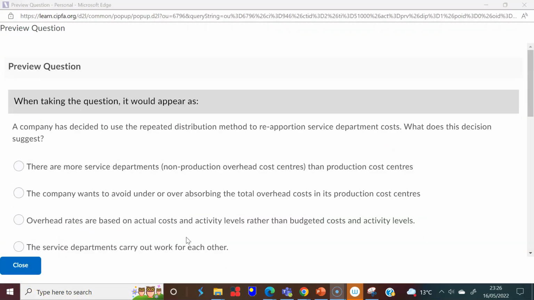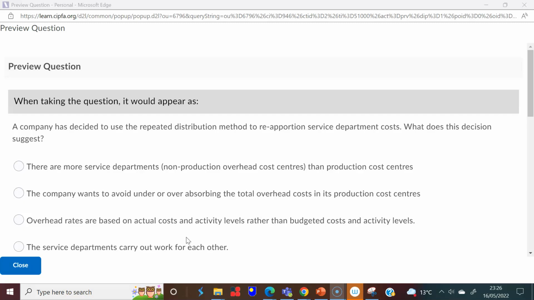Right, so it says a company has decided to use repeated distribution to reapportion service departments. And if you remember, we had repeated distribution, we had the algebraic method, and then we had the final method where we would deal with one department and then shut it down.